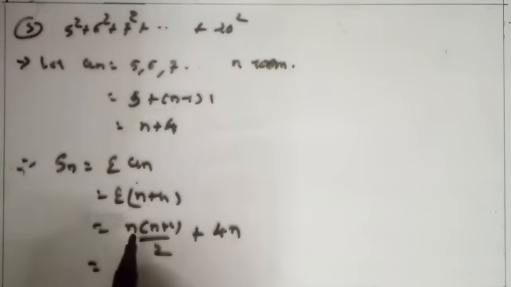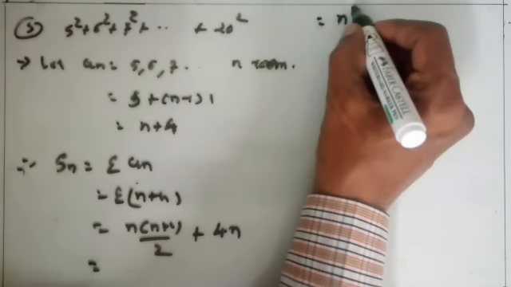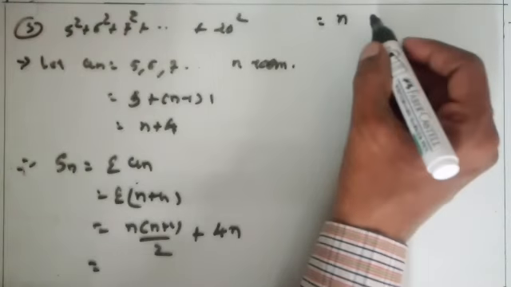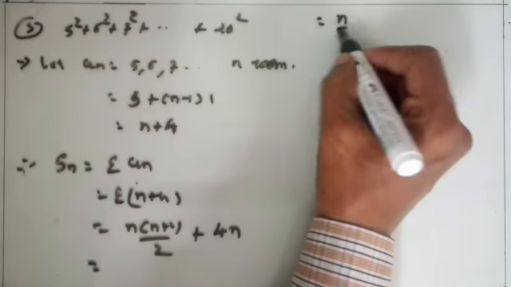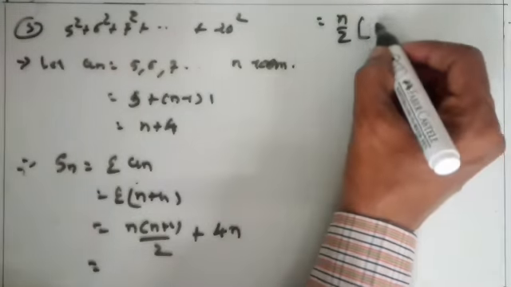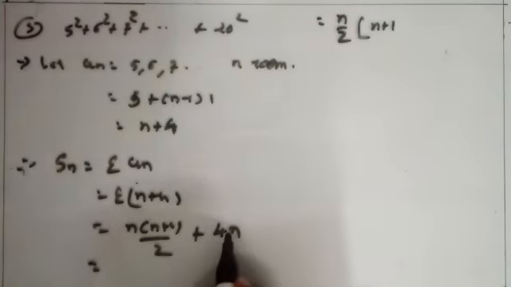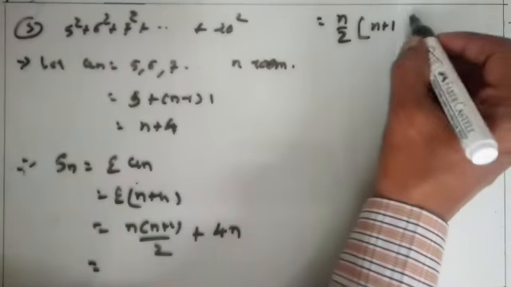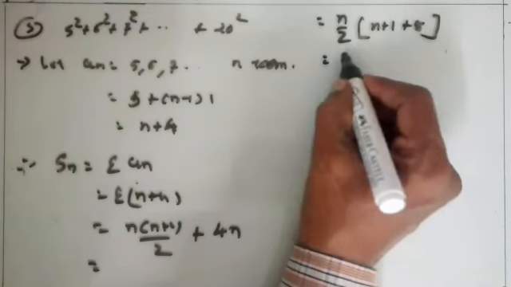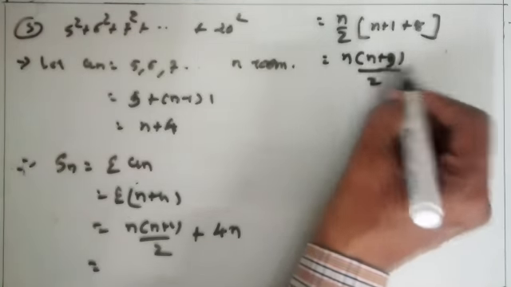So it is equal to, here taking n upon 2 common: n upon 2 taken common, so in the first term n plus 1, here 4 into 2 becomes 8, and take n common. Clear? So it is equal to n (n plus 9) upon 2. Okay, answer.